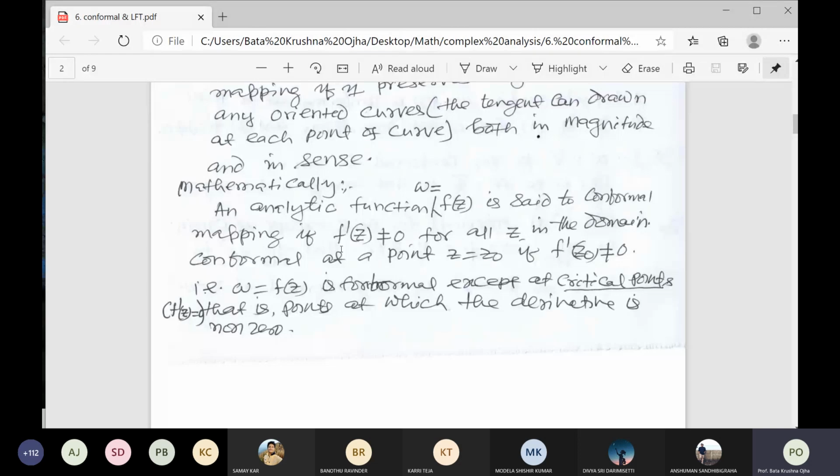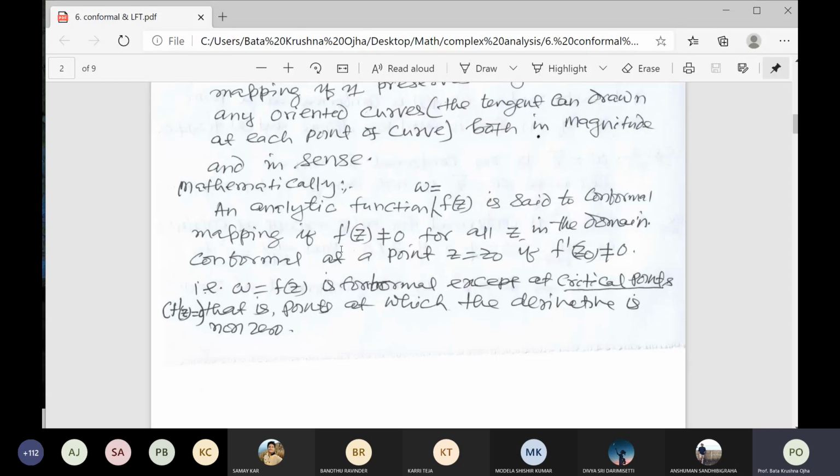Here we are not considering the zeros of f dash z. At those points, the derivative of the function f of z is not equal to 0, then we say that the function is conformal at that point. That means the function is conformal if the first derivative f dash z is not equal to 0 for all z in the domain.